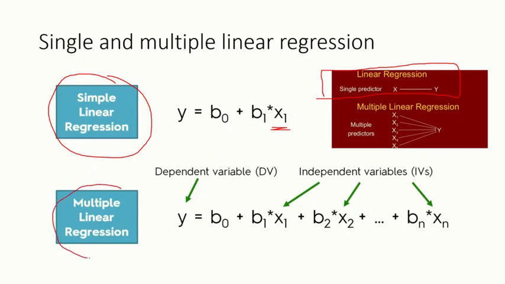If you use more than 1, this is called multiple linear regression. In that case, you have x1, x2 to xp, to differentiate it from the number of samples. This is not the number of samples. This is how many feature variables you want to use to predict your y.